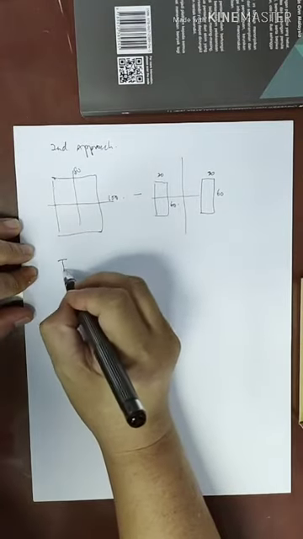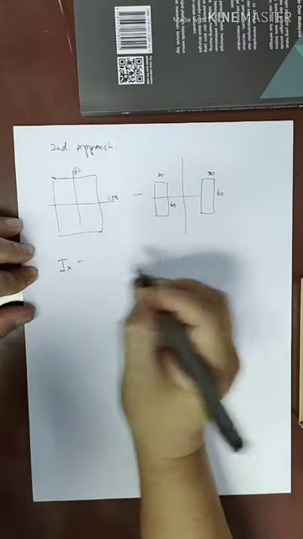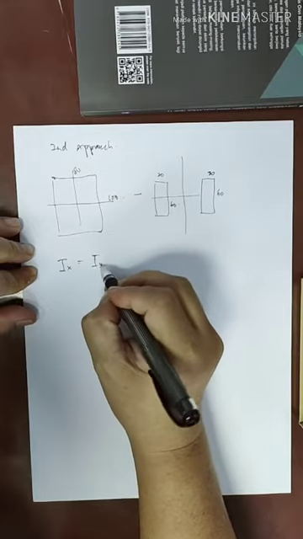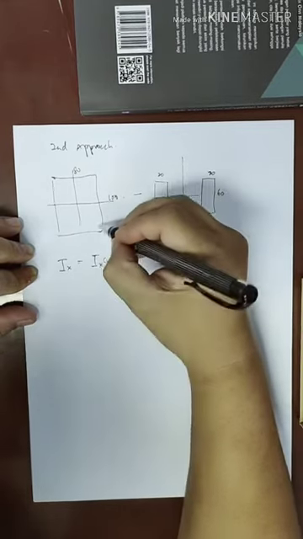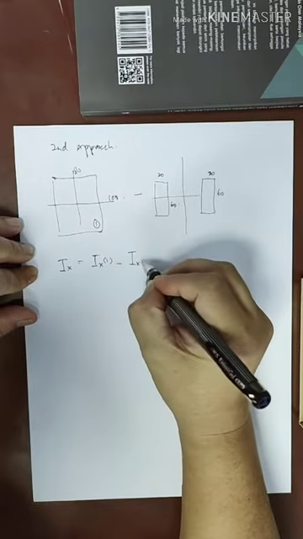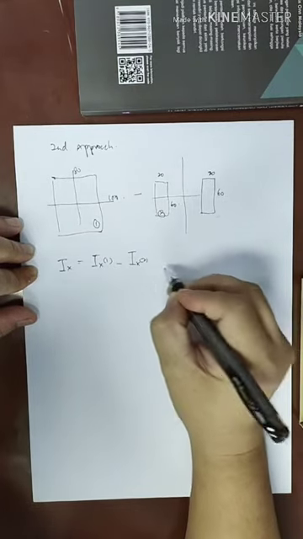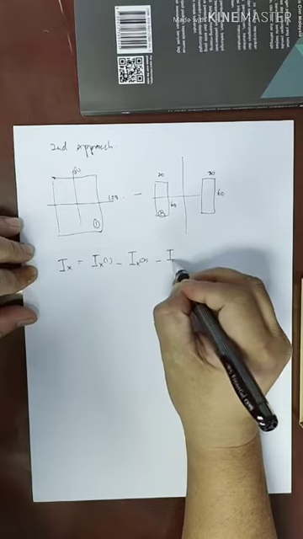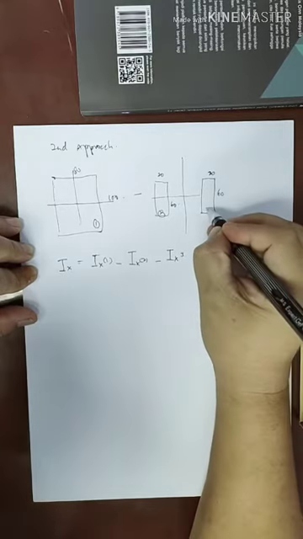Okay, the equation is still the same. Ix equals Ix1, we call it 1, minus Ix2 minus Ix3.